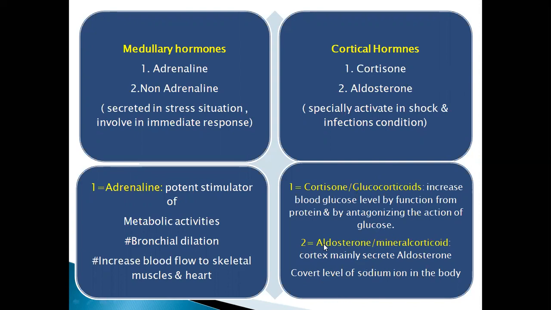Yes, aldosterone is a hormone that does not allow sodium to exit from the kidney tubules. It conserves the level of sodium ions in the body and doesn't let them go out of the tubules. So it is a function of aldosterone to maintain the salt or ion composition in the body.